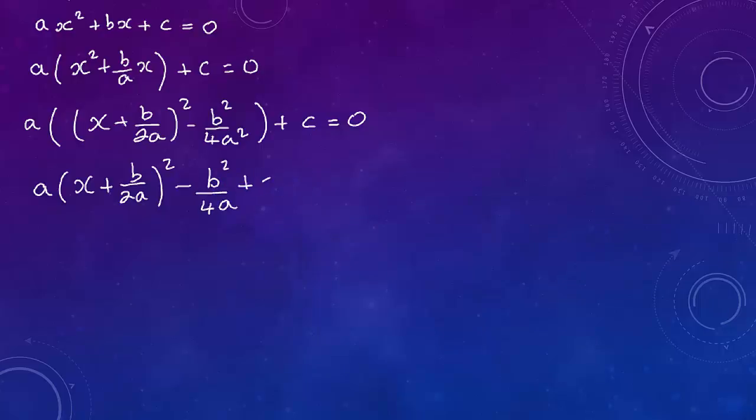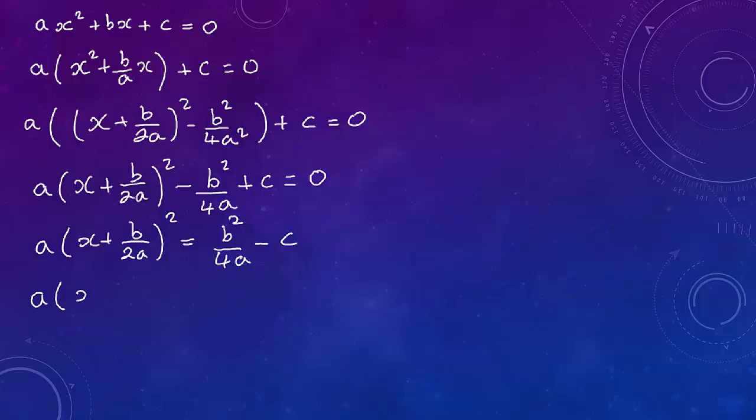And then we have plus c is equal to 0. So a times x plus b over 2a all squared would be equal to b squared over 4a take away c.